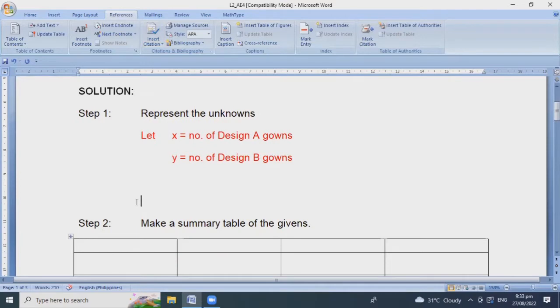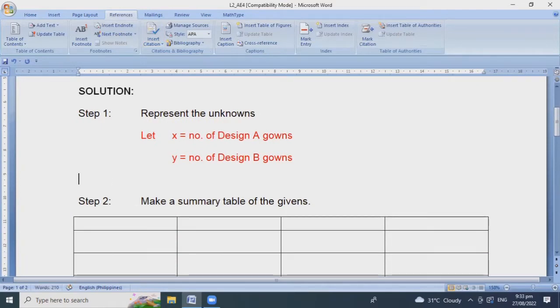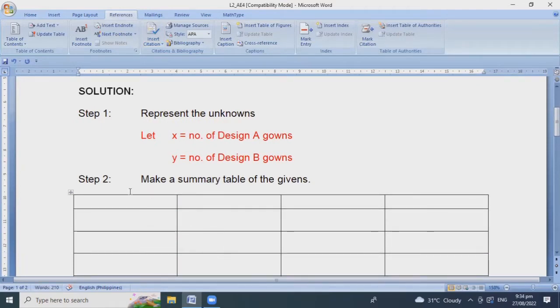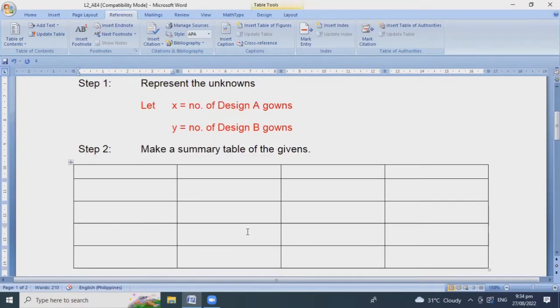Then let us now find the givens in the problem. So we need to make a summary table of the givens. In the first column, we will write the materials needed. Then second column, the number of design A gowns to produce, design B for the third column. Then in here, available materials in total.